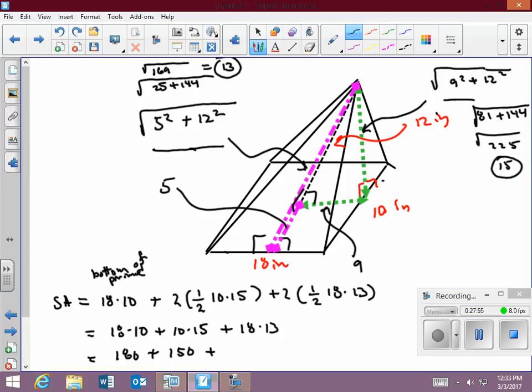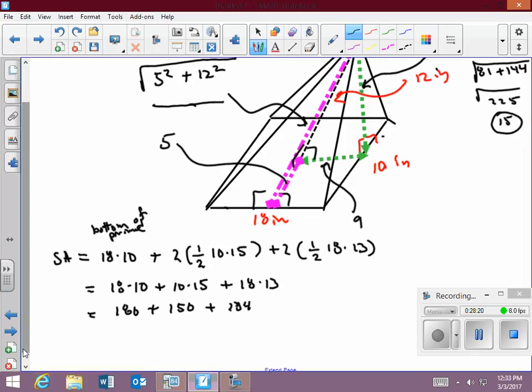That's 180, and 3 times 18, 8, 16, 24, 54. Is that 234? Okay. So then that's 4, 16, 564 inches squared.